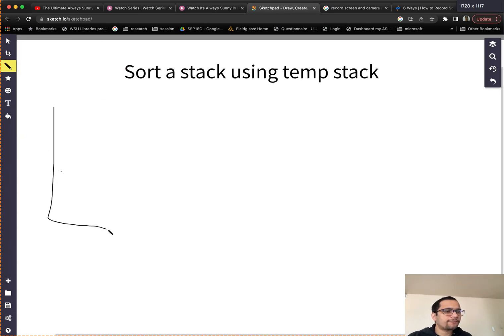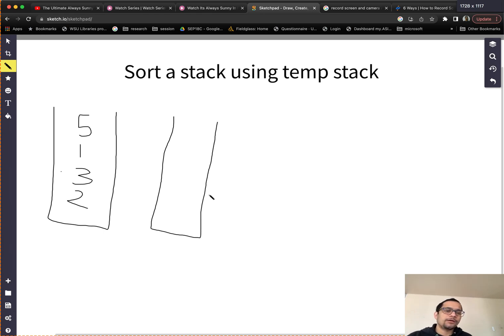Suppose we have a stack of these numbers, let's say 5, 1, 3, 2, right? And we also have a temporary stack.